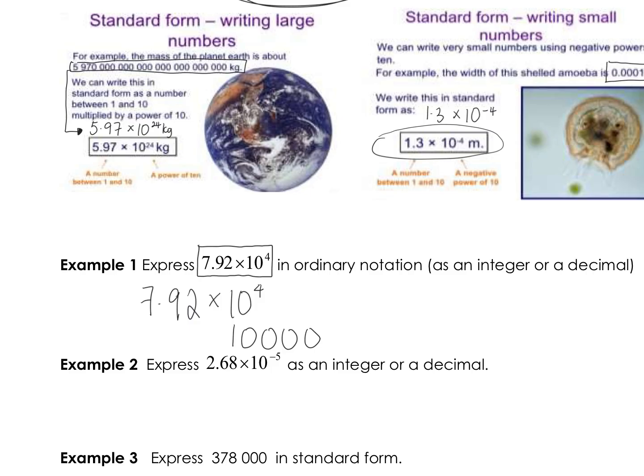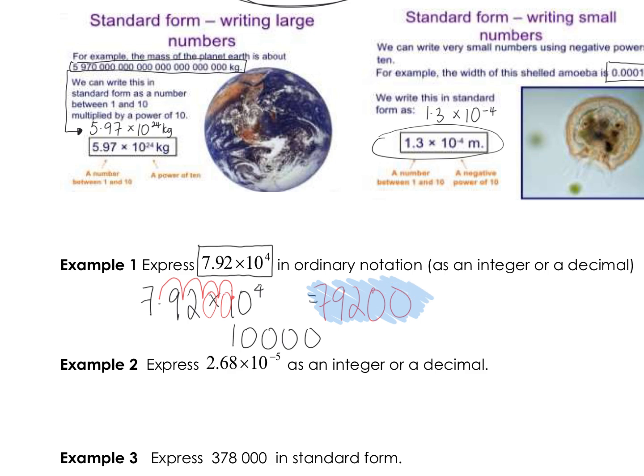So actually it means shifting the decimal point forwards by 4 places. So actually it is 792 with 2 zeros behind. But all these can use calculator. Nobody will stand there and watch whether you are using calculator or not. Okay? So ordinary notation means the number that we usually use.